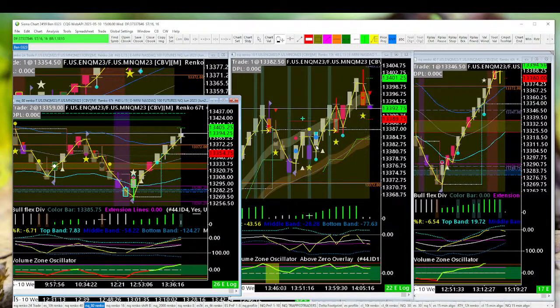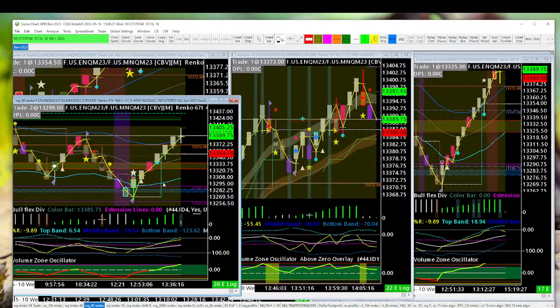It's not 12 points. It's 2 Renko bars, right? So in here, 2 Renko bars, like I said, isn't 12 points. It's more like 62 points. So that fractal relationship means that whatever works on the smaller time frame on a regular basis, if you can find that same thing on the higher time frame, usually if it works on the smaller time frame, it'll probably work on the higher time frame.